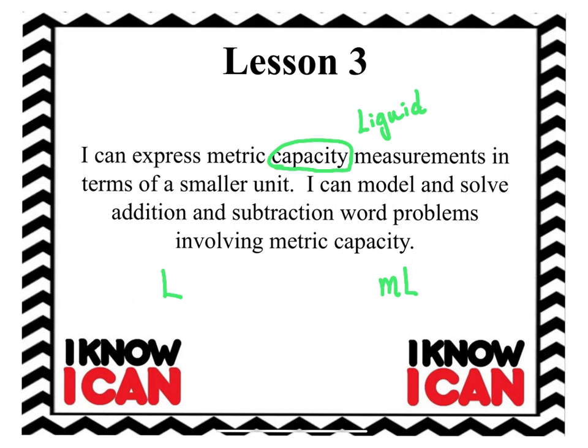So milliliter, this is really tiny. That's the smaller unit. Liter would be that base unit, but that's much bigger than a milliliter. And the one thing that you really have to remember is that 1 liter is equal to 1,000 milliliters. All right, so let's get started.